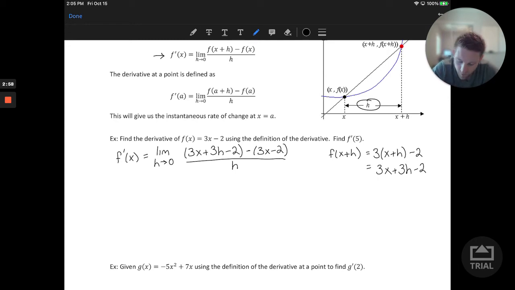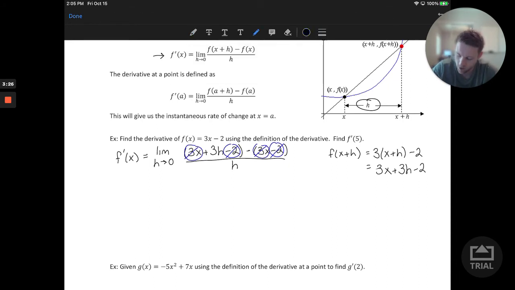So right off the bat, we see some ways we can start to simplify here. We have a 3x and a minus 2, and we're subtracting both of those items here on the right side. If I subtract both of those terms, this limit will end up with just a 3h in the numerator.